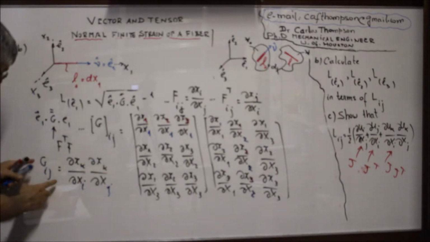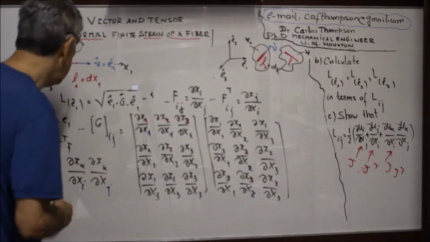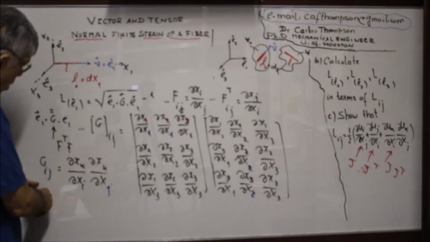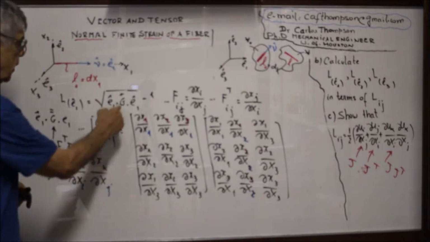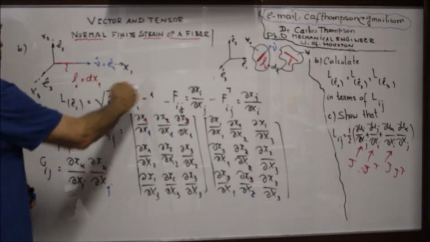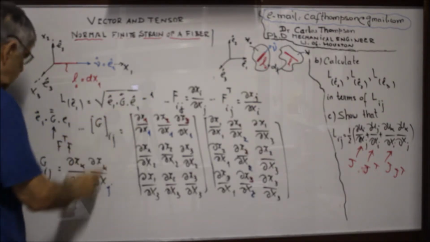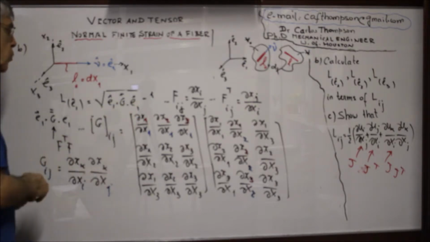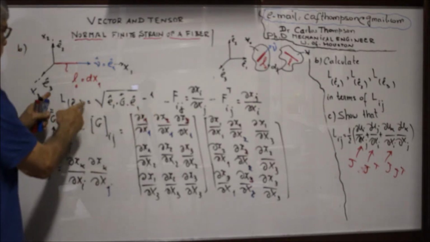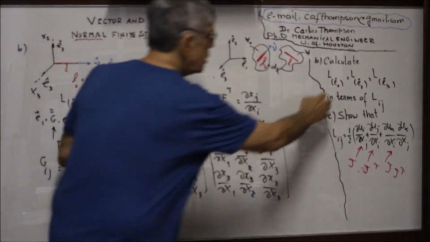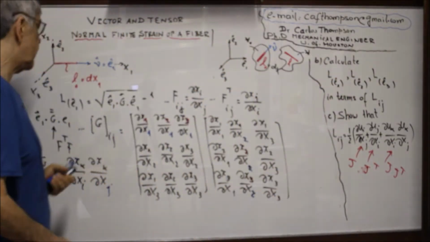So Gij is the second order tensor. The square root of E1 dot the second order tensor dot E1 minus 1 is what we want: the normal strain.